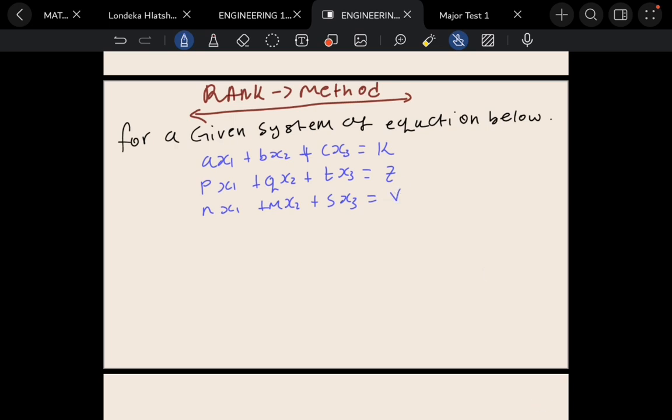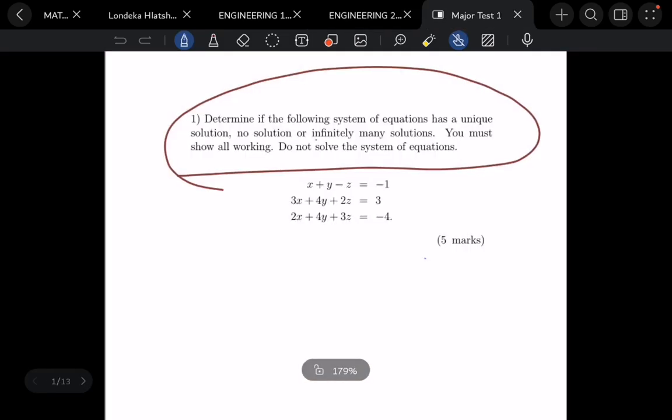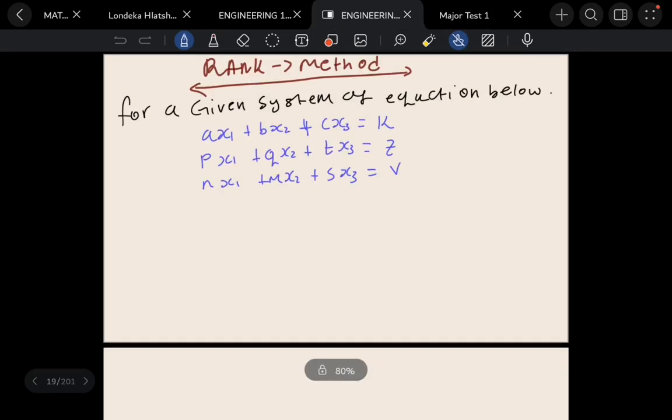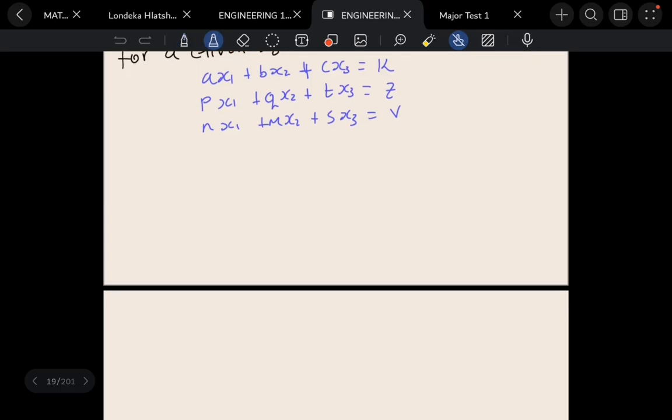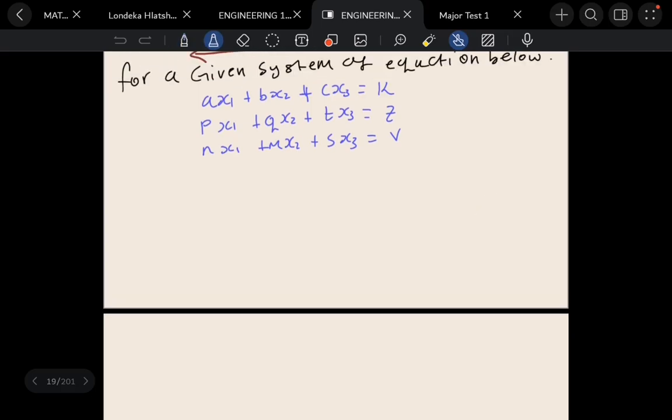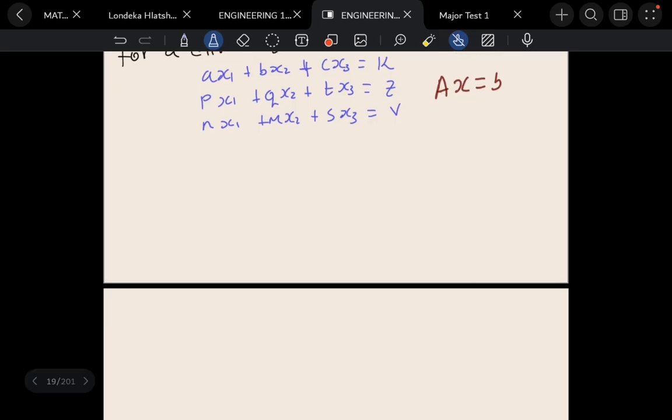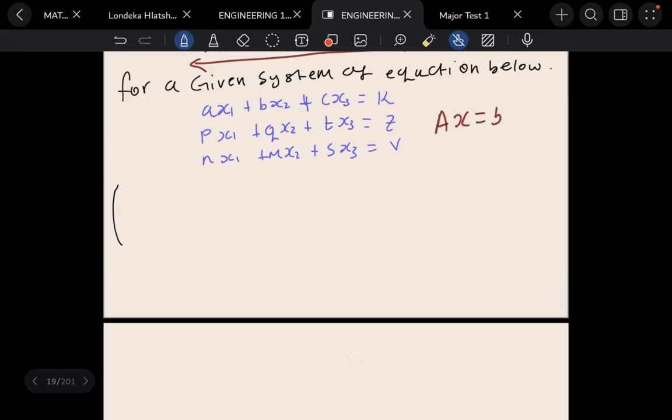Now, for a given system of equations, how can you answer this type of question? Very easy. First thing that you need to do, you need to write this system as an augmented matrix. First, you write AX is equal to B. Now this is how we are going to write it, right? We are going to take out the coefficients.